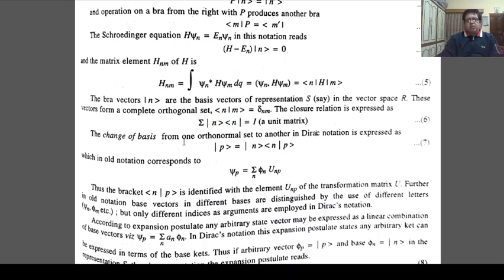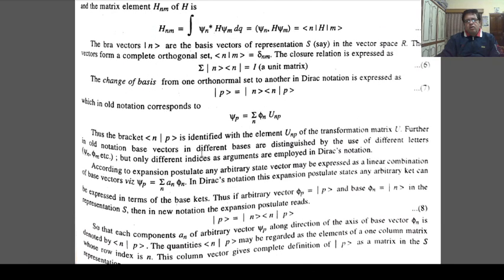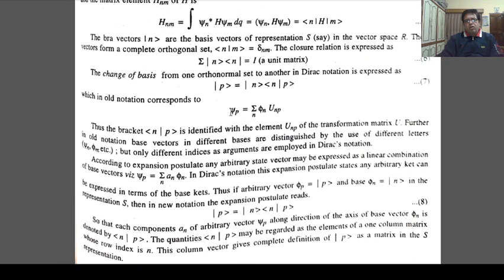The change of basis from one orthonormal set to another in Dirac notation is expressed as |p⟩ equals summation |n⟩⟨n|p⟩, because summation |n⟩⟨n| is I, which in old notation corresponds to ψp equals summation φn Unp.